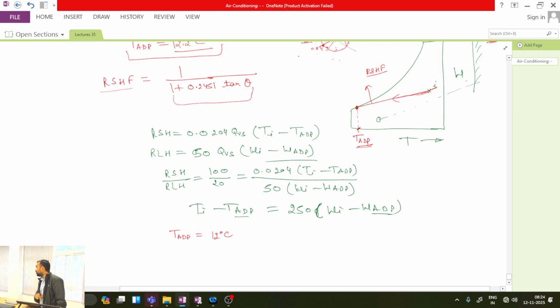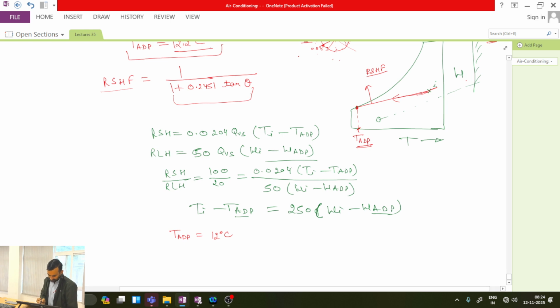If I assume this as 12 degrees Celsius, corresponding to this I will be able to calculate WS.